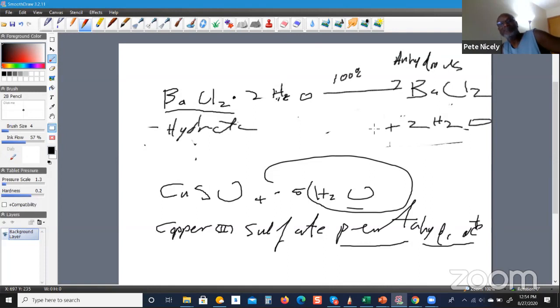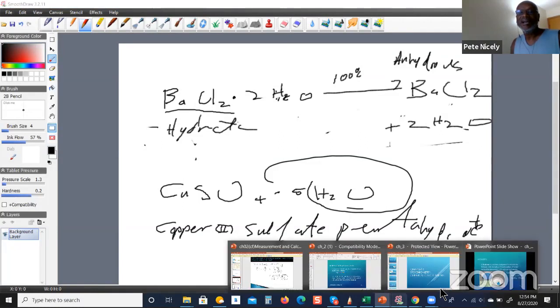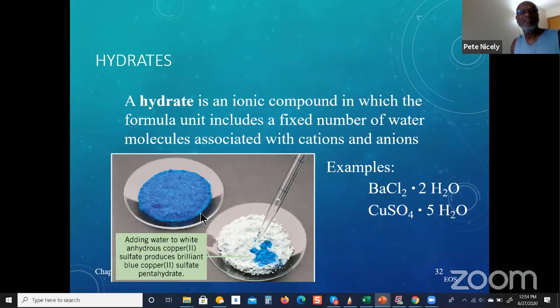In the case of the copper 2 sulfate, originally the color is blue. In fact, going back to the PowerPoint here, you'll see that we have the blue form. This is the hydrated form of copper 2 sulfate. And if you heat it to drive the water off, you're going to get the white anhydrous form of copper 2 sulfate.